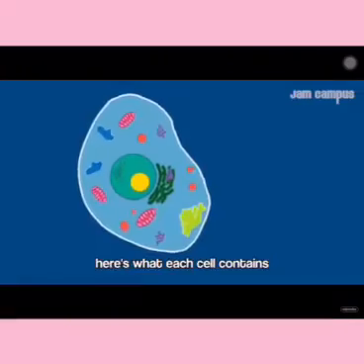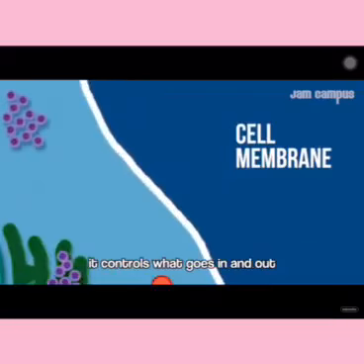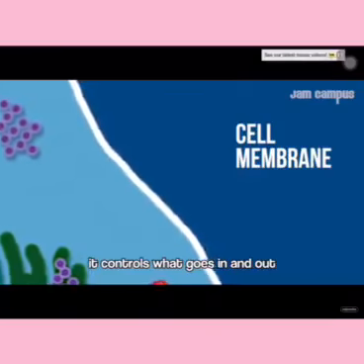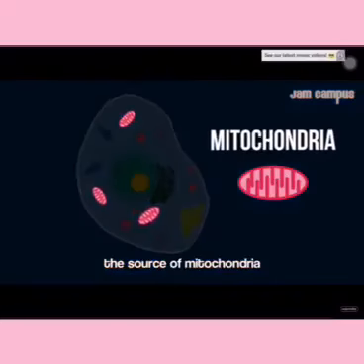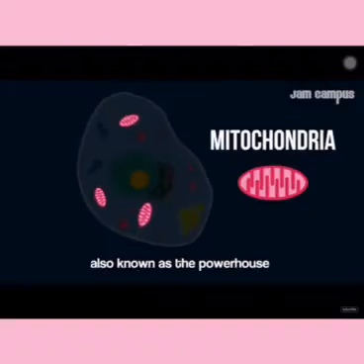Here's what a cell contains. Outer layer is the cell membrane. It controls what goes in and out. The cell gets energy from the source of mitochondria, also known as the powerhouse.